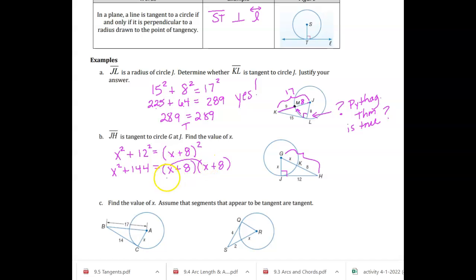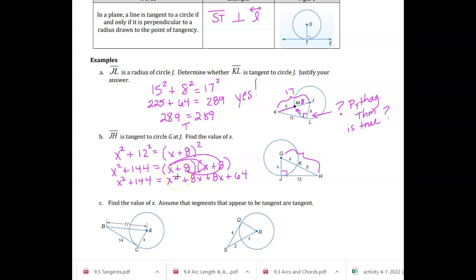So x times x is x squared, x times 8 is positive 8x, then we do the inside, 8 times x, and then 8 times 8. I do realize if you want some extra help with that, please email me and I can help you with some of those problems.